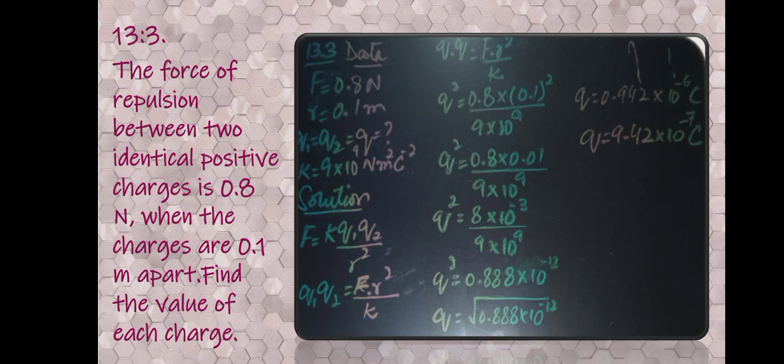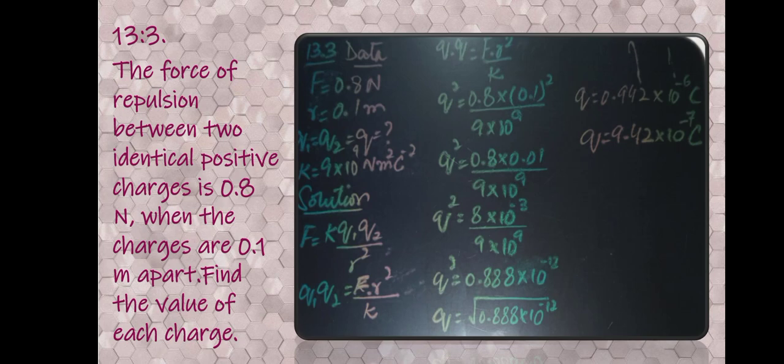So Q will be 0.942 into 10 to the power minus 6 coulombs, and you can write in scientific notation as 9.42 into 10 to the power minus 7. We have taken the decimal towards the right, so we have to add 1 in the power of 10.